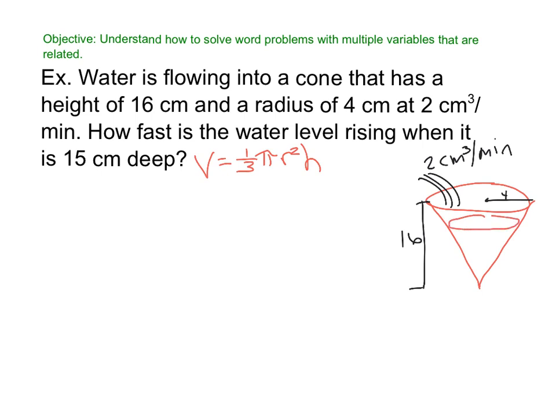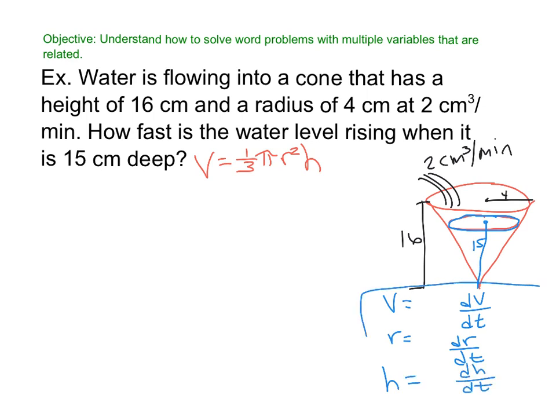So they want to know, I'll make it blue for water. So they're also telling me that this is 15. So we have two heights, which is going to be a slight issue. And then they want to know, so we have V, dV dt, R, dr dt, and H, dH dt.